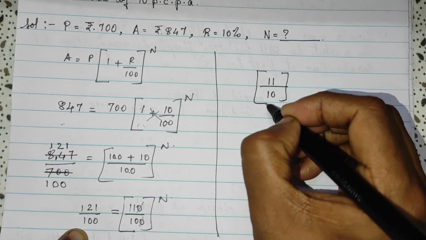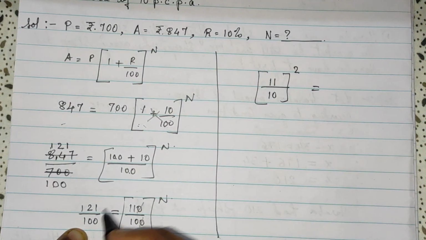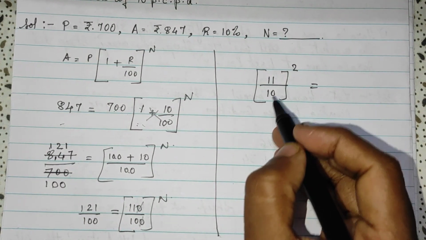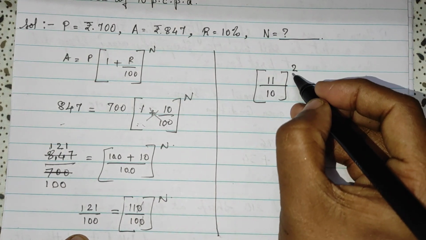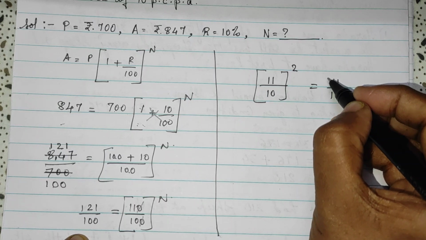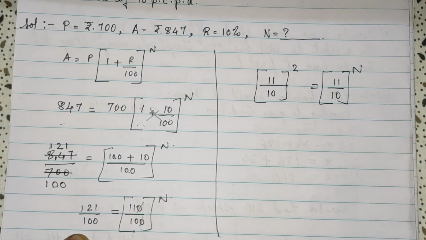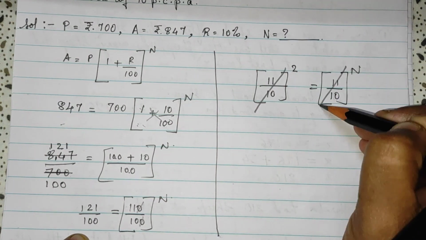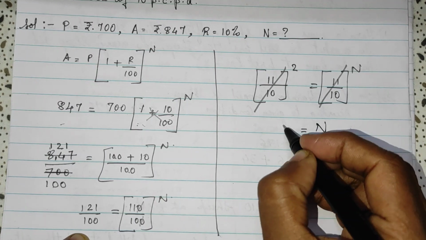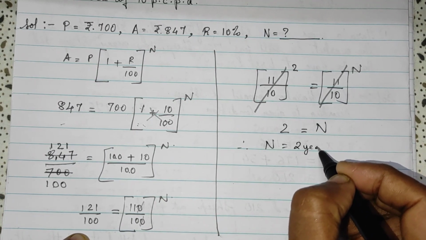So that means the left hand side, if we write like this, is 11 into 11 is 121 and 10 tens is 100, so 11 upon 10 raised to 2, and here we have 11 upon 10 raised to n. So if we cancel the left hand side and right hand side, we are left with n equals 2. Therefore the number of years is 2 years.